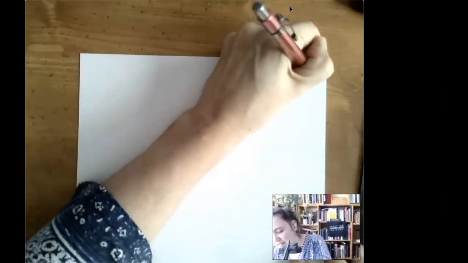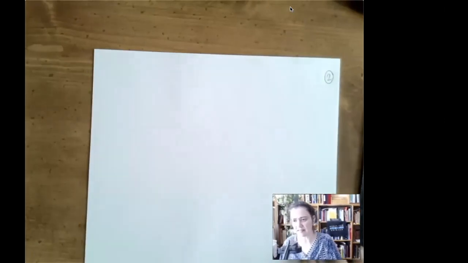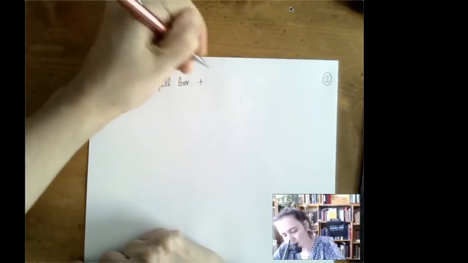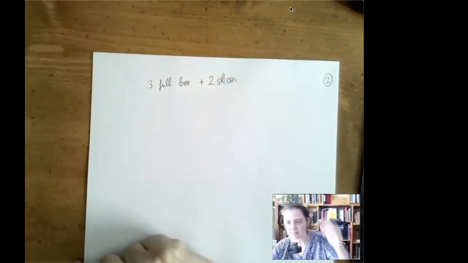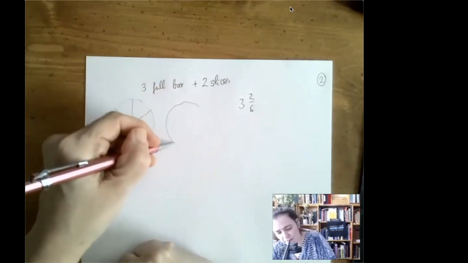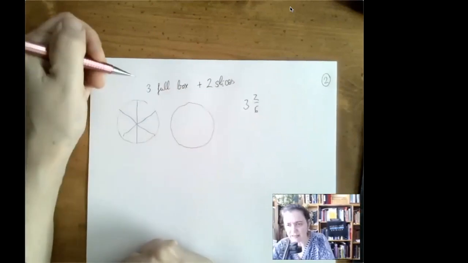Okay, so imagine that we have this pizza factory or pizza place. Every pizza is cut into 6 slices, and you are at the register, and you ring up by the slices. So the question is, for each order, how many slices do you charge for? We have 3 full boxes plus 2 slices, where a full box is a full pizza.